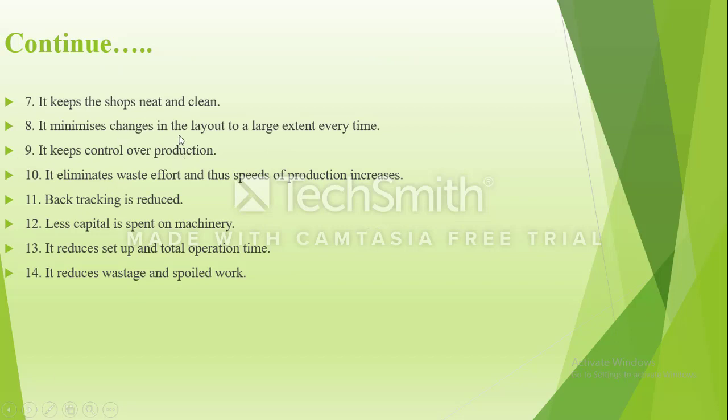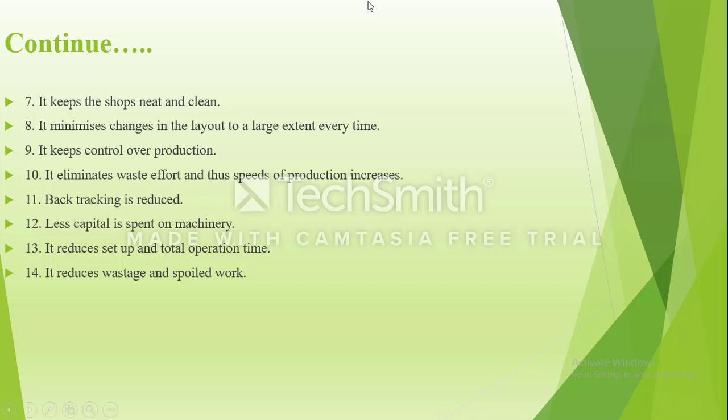It minimizes change in the layout to a large extent every time. It keeps control over production. It eliminates wasted effort and the speed of production increases. Backtracking is reduced, less capital is spent on machinery. It reduces setup and total operation time.